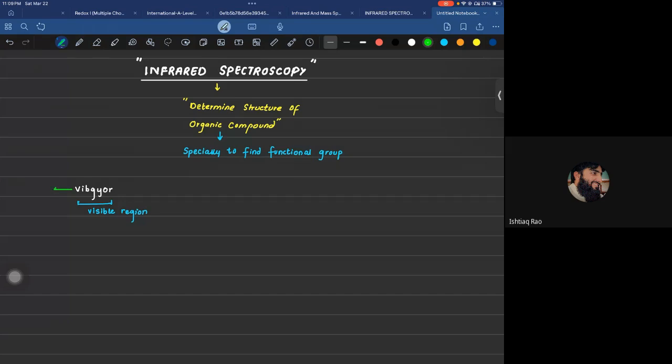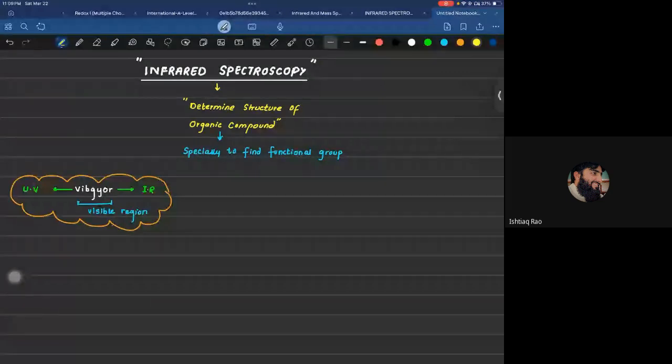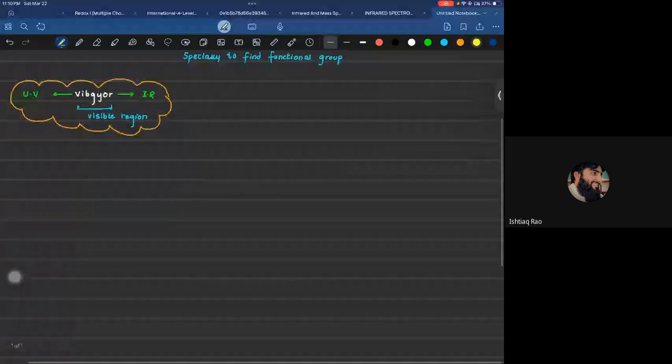Before VIBGYOR we have the UV region, and after VIBGYOR we have the infrared region. So we would be providing infrared radiation to the sample.